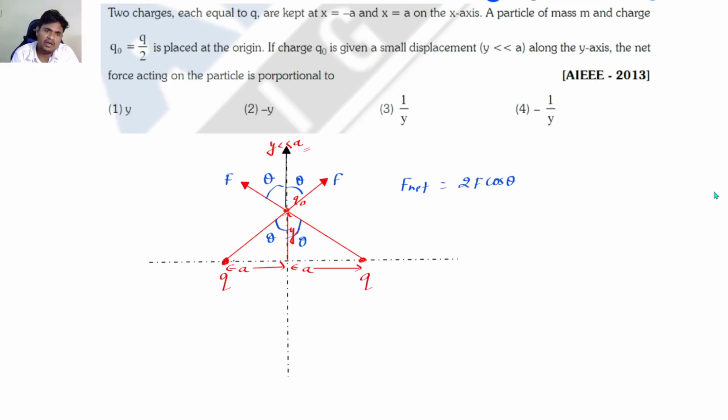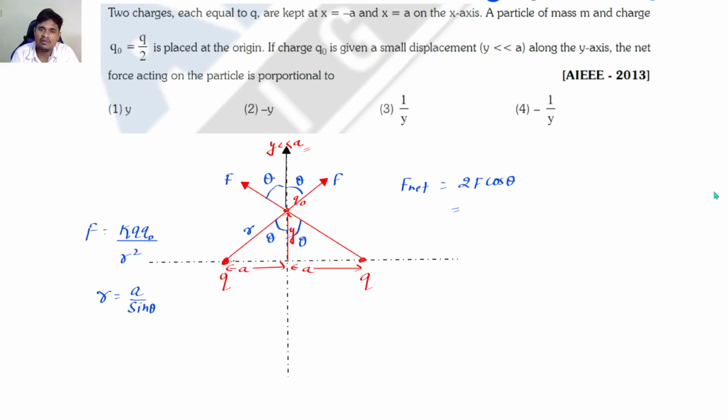Now if I write the value of F, F is basically K Q times Q naught divided by R square. Now what is R square? So this is R, and R is nothing but a by sine theta.